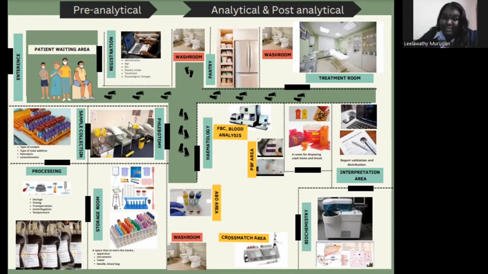So the blood that is collected in the phlebotomy will be sent to the sample collection area. So here we receive all the samples from the patient that we collected earlier. Here we will be having a small sample collection and sample processing in terms of types of samples, where in diagnosing anemia, we're not only using whole blood, we also will be using serum, plasma, and so on.